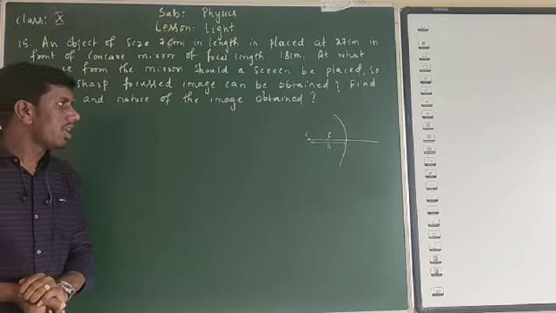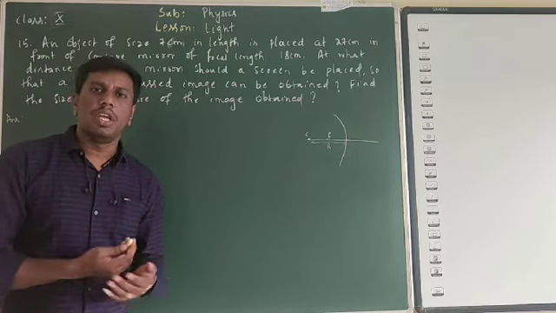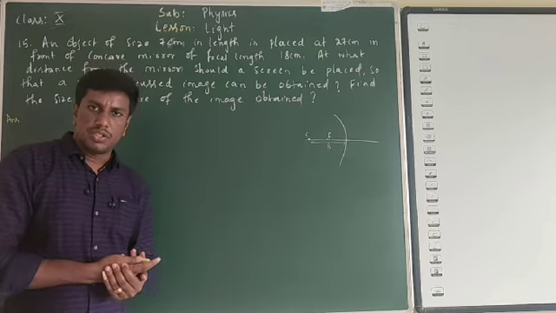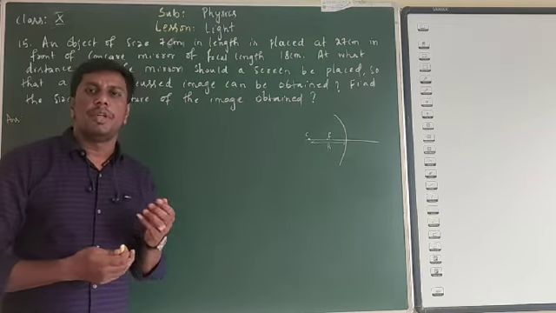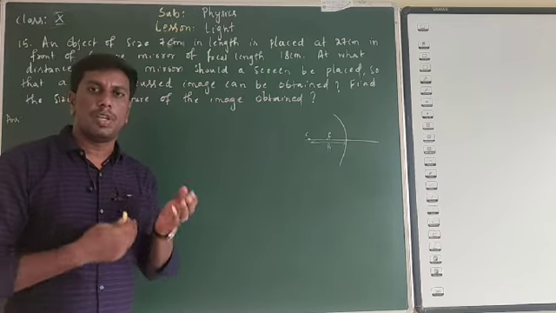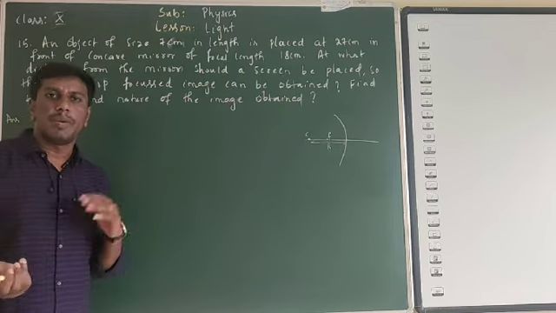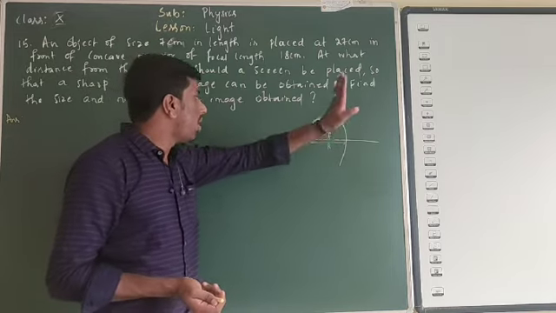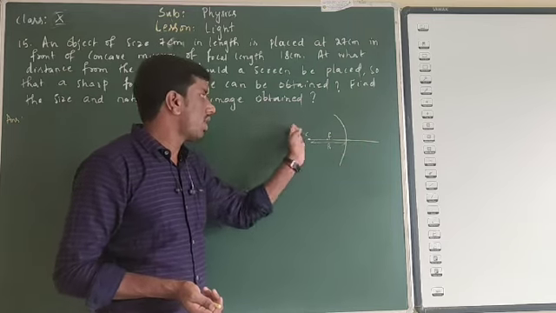Then we need to use the mirror formula to find V, that is the image distance. By observing the sign of V, we can find out whether the image will be formed on the positive x-axis or the negative x-axis.